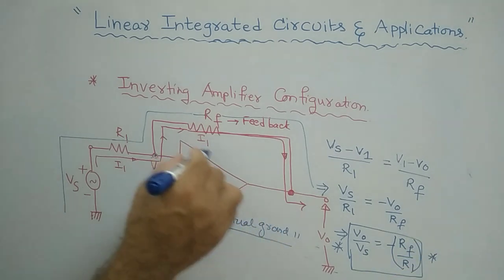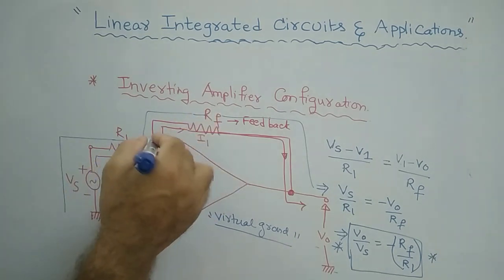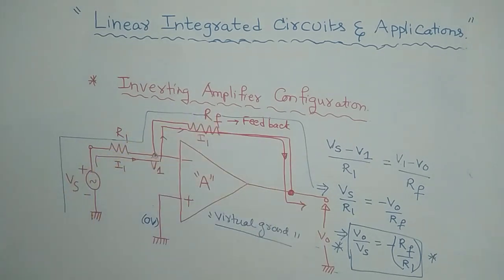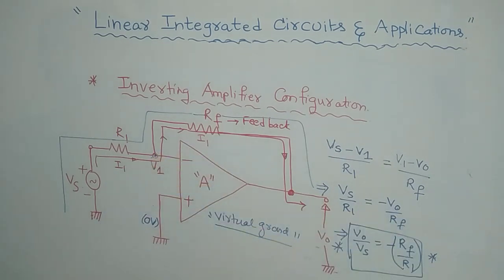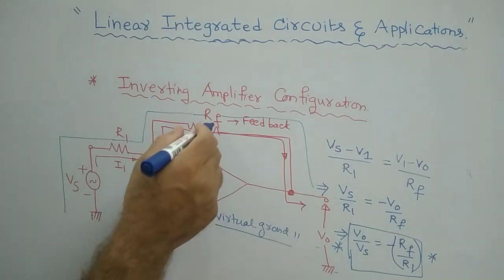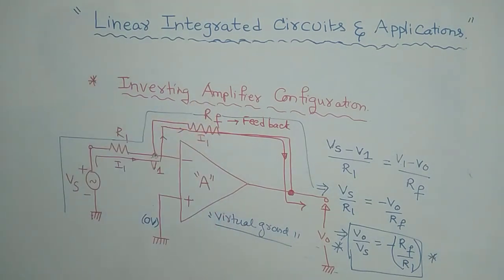Therefore the gain of the inverting amplifier depends on the ratio of the resistors. This is the closed loop gain. V0 by Vs is nothing but the closed loop gain of this inverting amplifier, in terms of the ratio of feedback resistor to the input resistor R1.